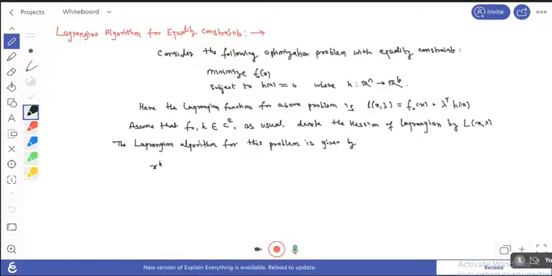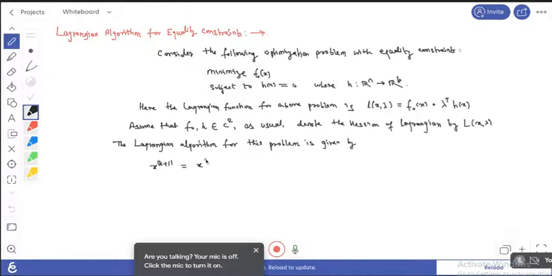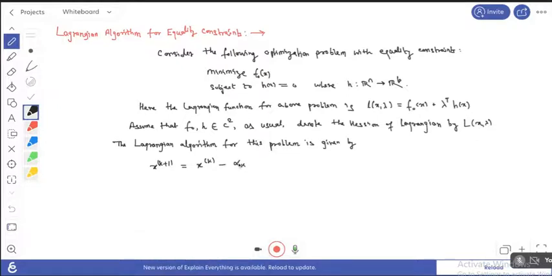the next iterative point xk plus 1, and that equals your previous point xk minus alpha k, and here we take the gradient.